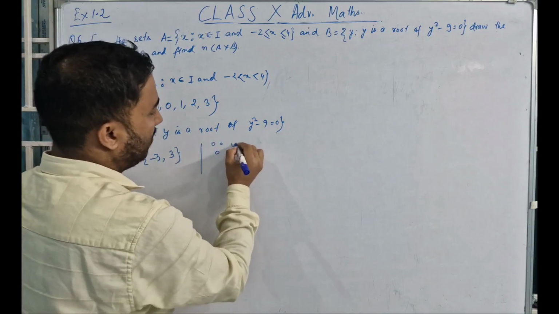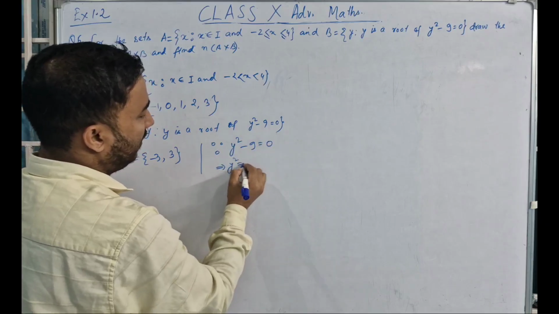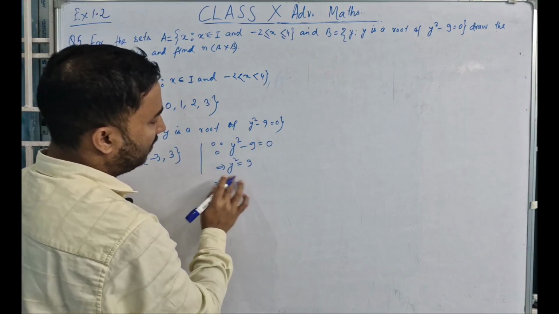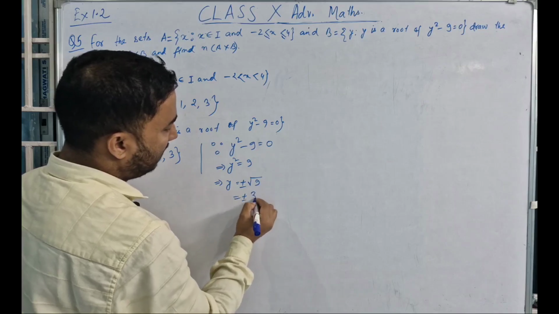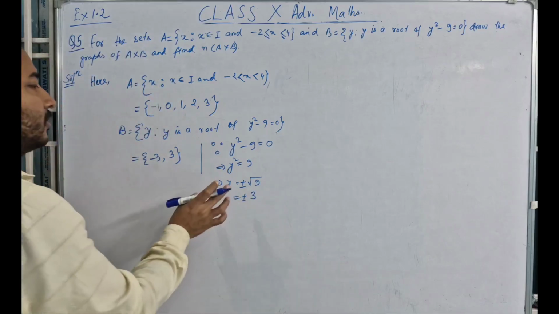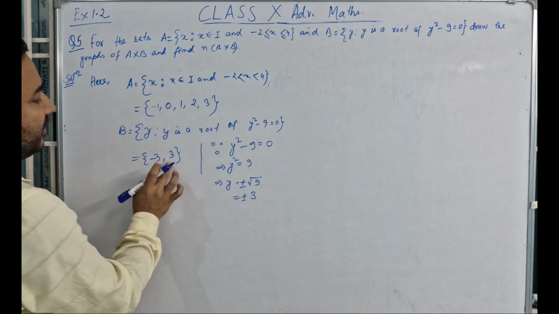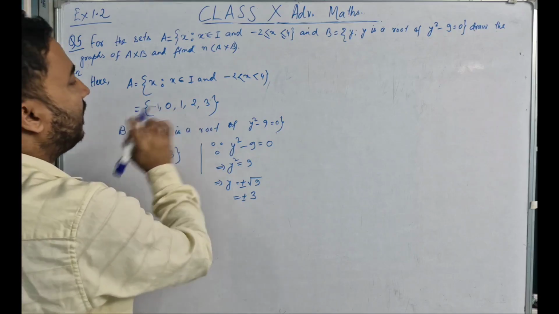Since y square minus 9 equal to 0 means y square equal to 9, y is equal to plus minus root over 9, equal to plus minus 3. So these are the values of y. That means the two elements of B are minus 3 and 3, and the elements of the set A are minus 1, 0, 1, 2, 3.